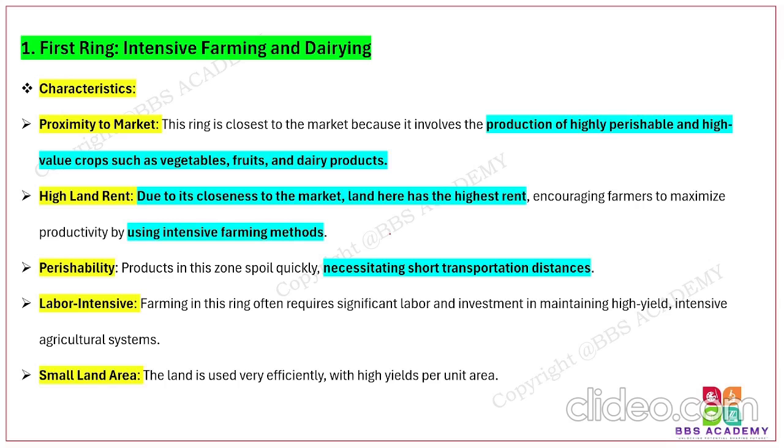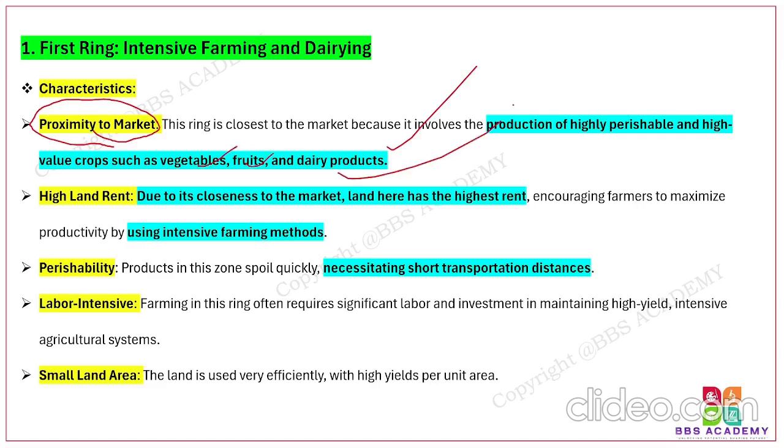Looking at the characteristics of these rings, the first ring is characterized by market gardening and milk production. Intensive farming is the main method of farming. In terms of proximity, this is the closest region to the market area. This zone produces highly perishable and highly valuable crops like vegetables, fruits and dairy products.